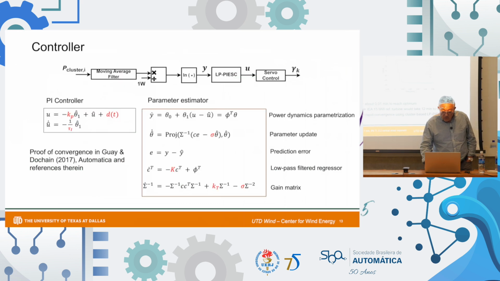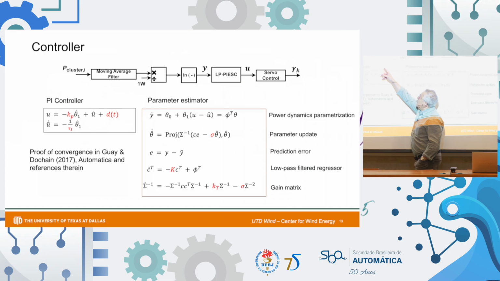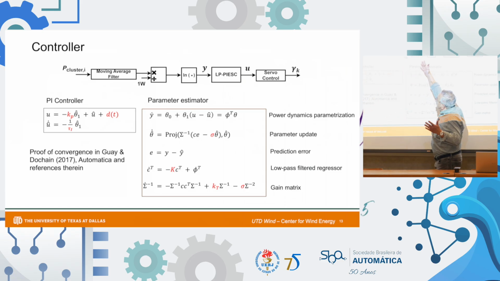The algorithm we used is this one. We take the power of each cluster, we average it over some window of time because the power signal is quite noisy, as you saw from the plots. Then we normalize the power before we apply the log.